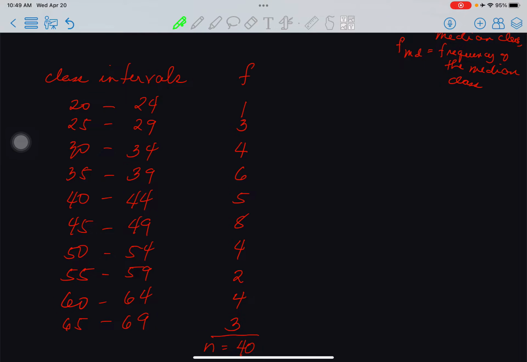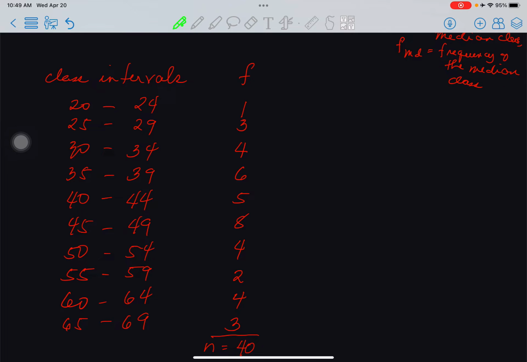When we say median class, that is the class interval where your median lies. I'll repeat: the median class is the class interval where your median lies.